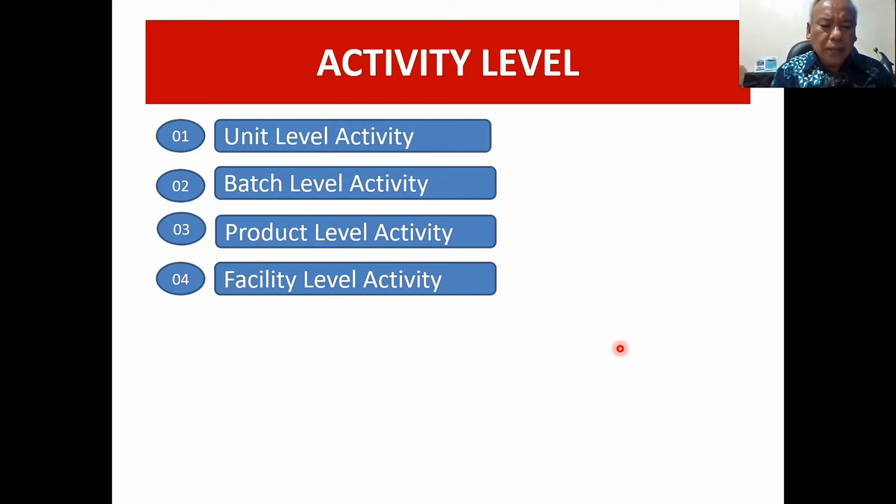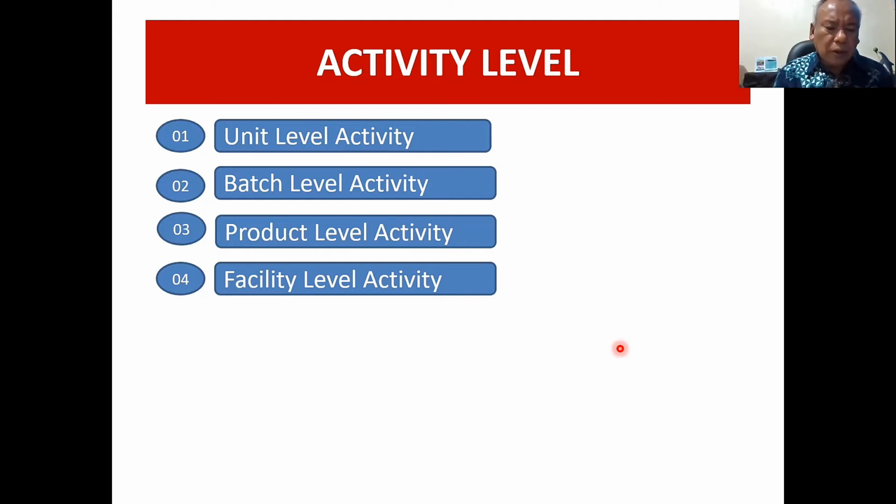So actually, the facility level activity has no correlation with the products produced. How many units produce the products?